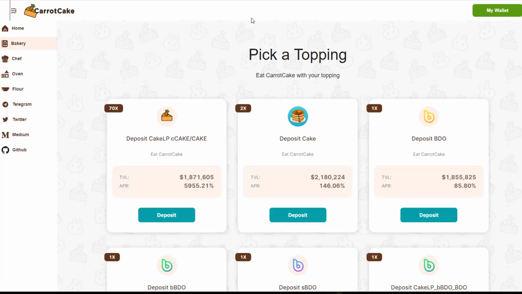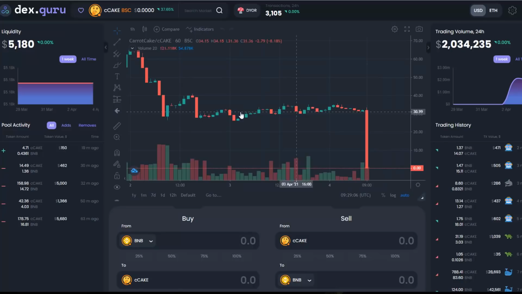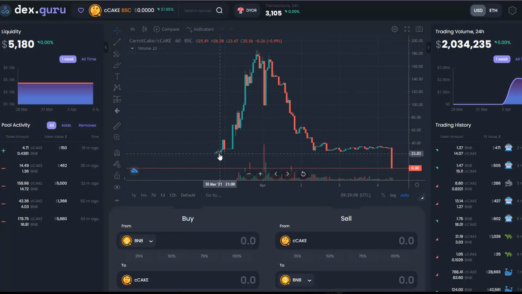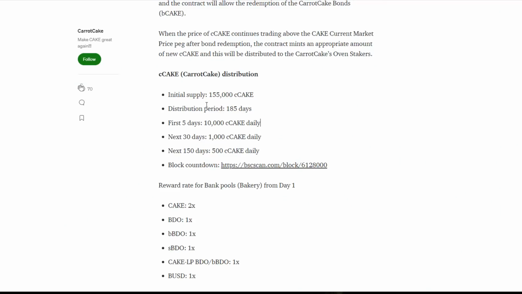Obviously people are going to dump in the beginning, and they have. So you can see here, it started off at $23. It went to $180, and then the people dumped simply because they were earning great returns in this first 5 days. They were minting 10,000 cake per day in the distribution.